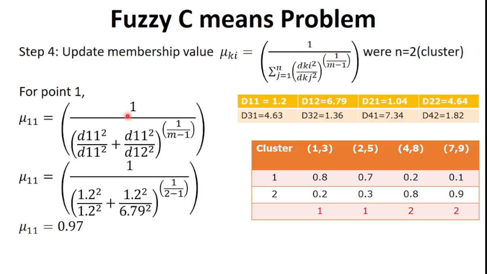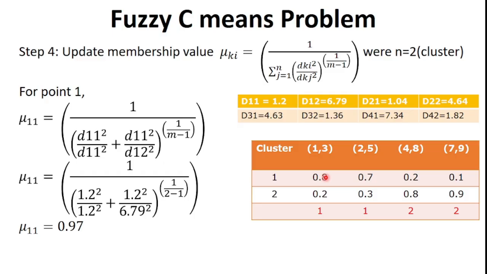So it is 1 divided by (d11 square divided by d1j square, with j is 1, so d11 square divided by d11 square, plus one more term). In the numerator there is no j term, so repeat the same term again: d11 square divided by d12 whole square, with j equal to 2, and the whole power 1 by 2 minus 1, which is 1. So 1 by 1 again is 1. If you simplify, mu11 is 0.97.